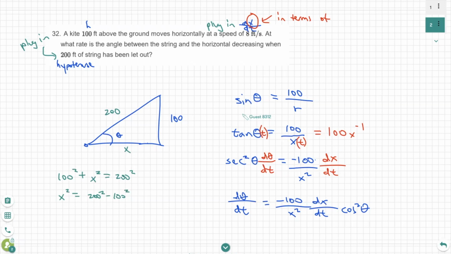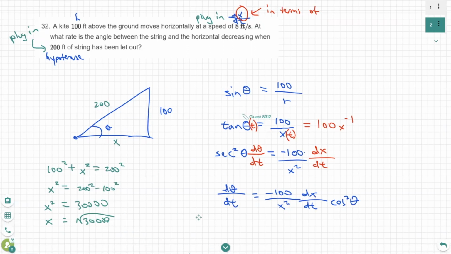So 200 squared is 40,000, and 100 squared is 10,000. So x squared is 30,000. So x is the square root of 30,000. And I imagine there's some way to simplify that, but I think that'll be fine.